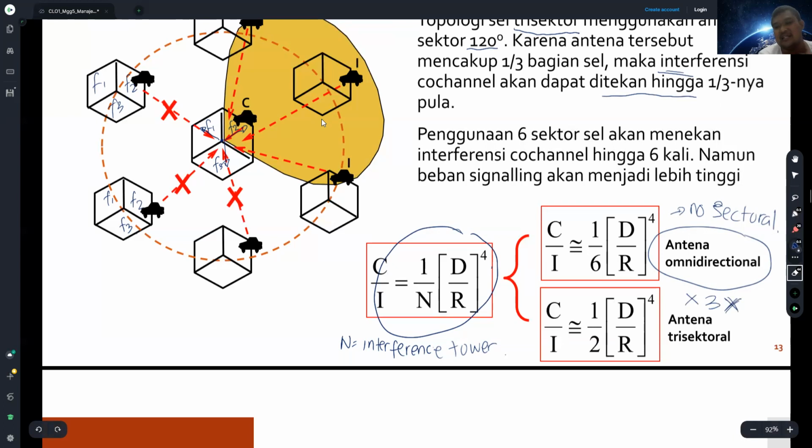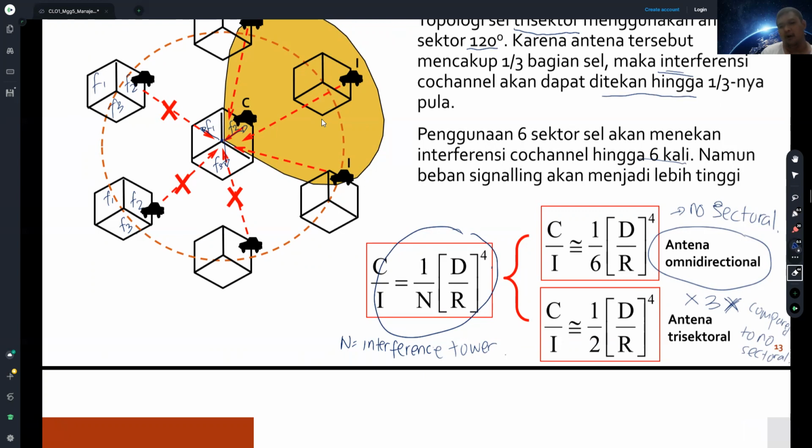Since the interference is suppressed up to 1/3, then the carrier to interference value will be 3 times compared to no sectoral, right? However, if we are using a sectoral area, we could improve the value of the co-channel interference up to 6 times.